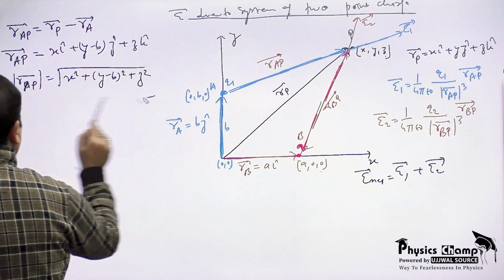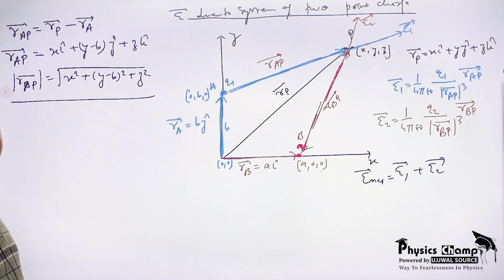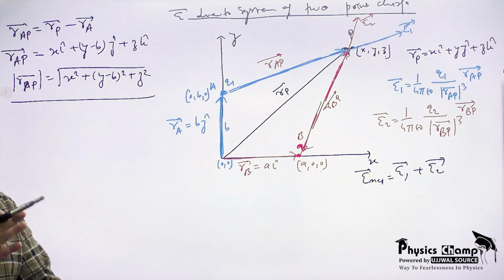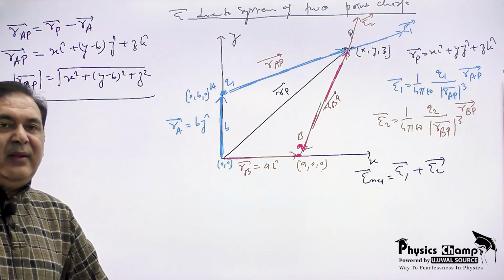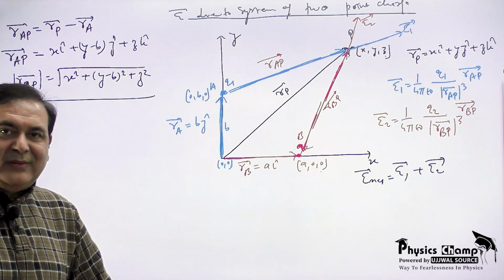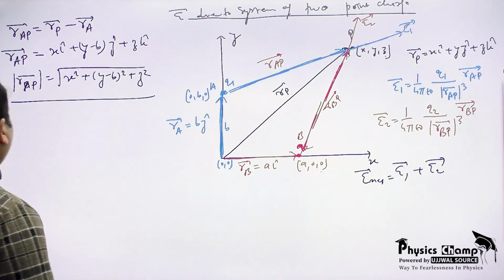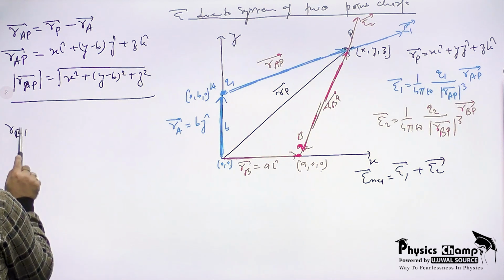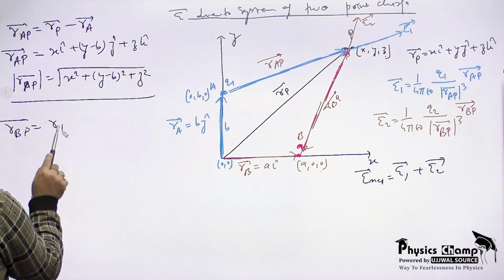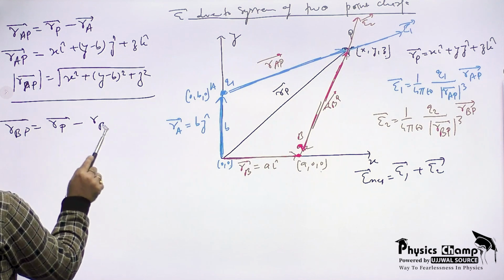So I am just giving you practice. There is nothing to cram over here. Just practice how to write these vectors in terms of displacement vector, position vector and orthogonal unit vectors. Similarly, RBP vector will be RP vector minus RB vector.